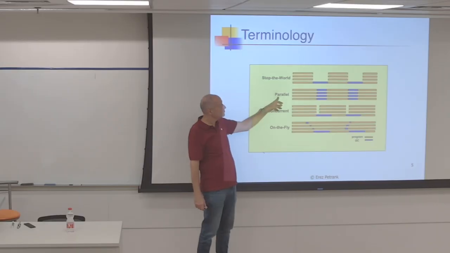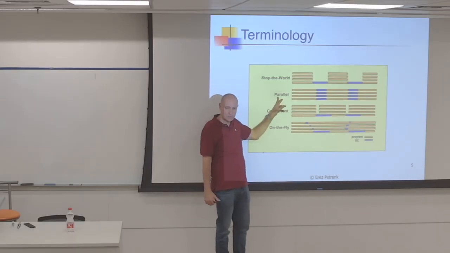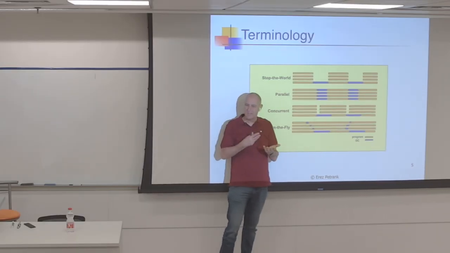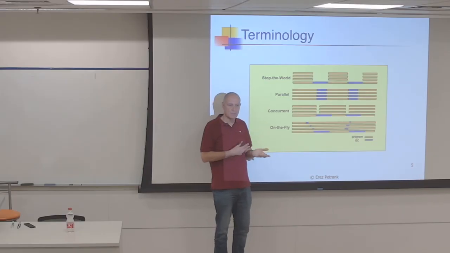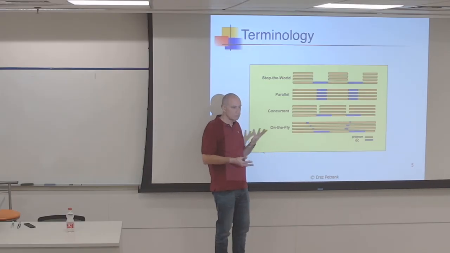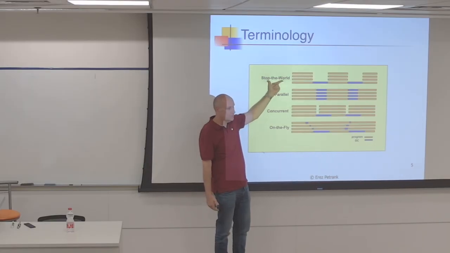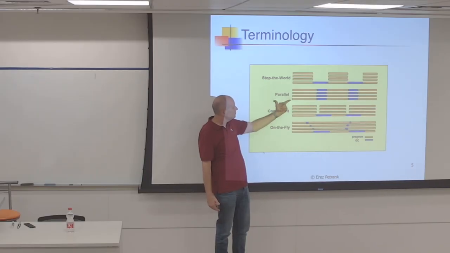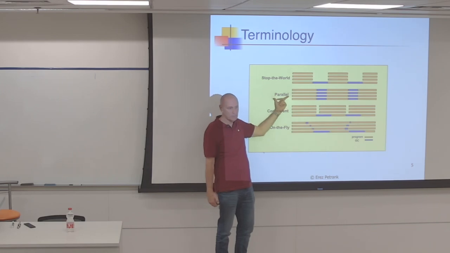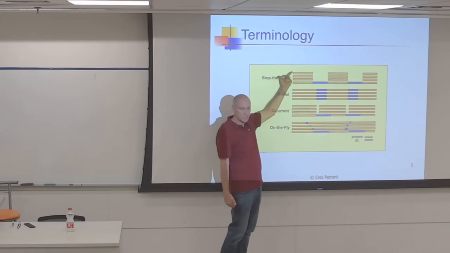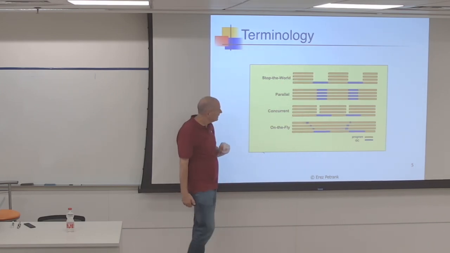This is also called parallel stop the world. Sometimes people just say stop the world for that, because the sequential kind does not exist anymore in today's machines. So stop the world usually means parallel stop the world, but it could mean sequential stop the world.